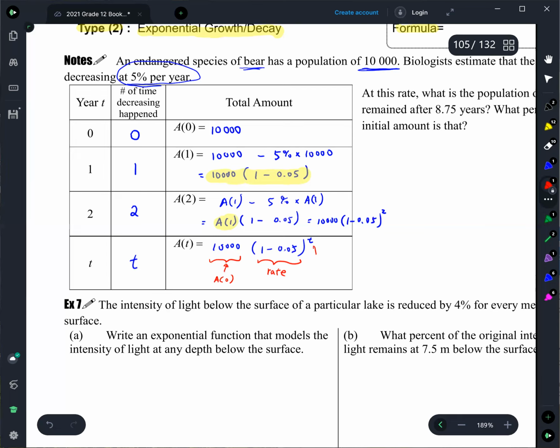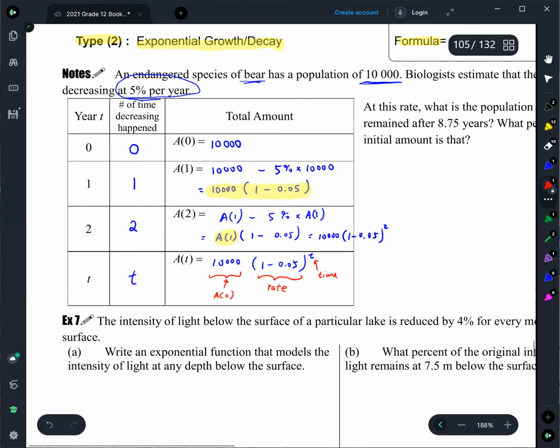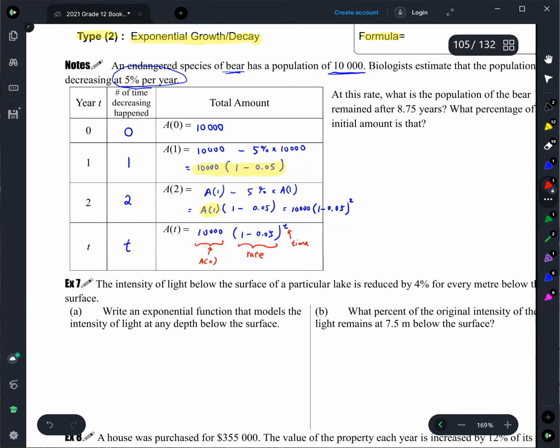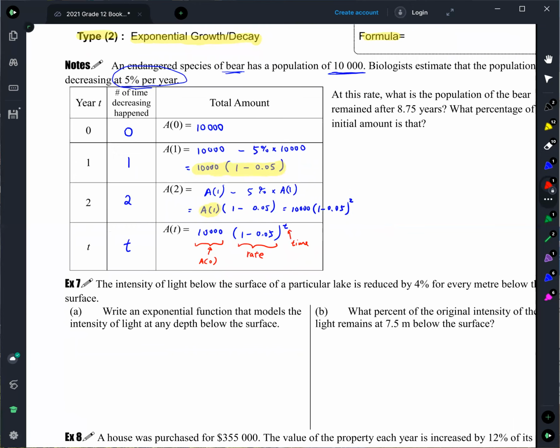This part is the time you left it there to grow, time. Okay, so it could be 1 plus, could be 1 minus, but in general, we just called it the rate. Okay. So please copy this down, raise your hand when you're done.